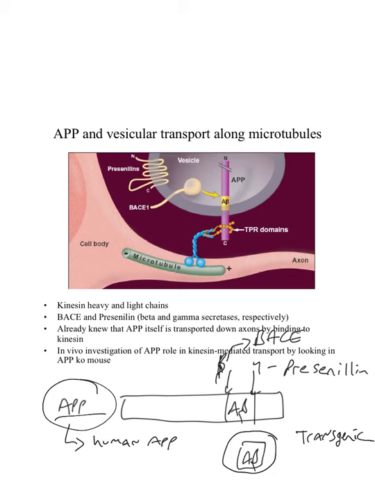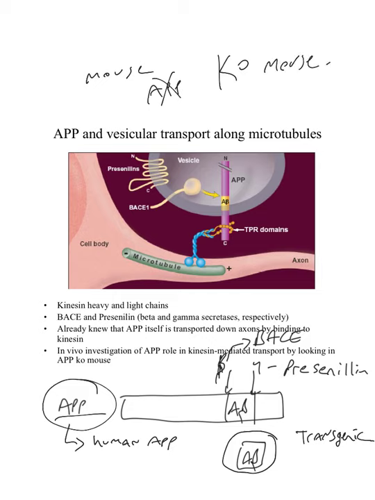The other thing we could do to study the role of APP is to knock out the gene that encodes APP. So now in the mouse, take the APP gene and eliminate it. Make a knockout mouse.